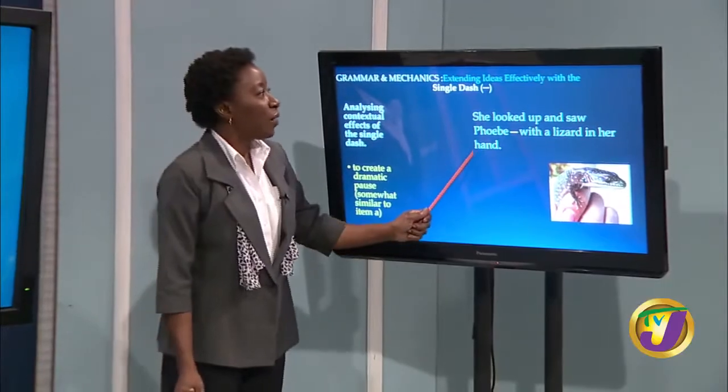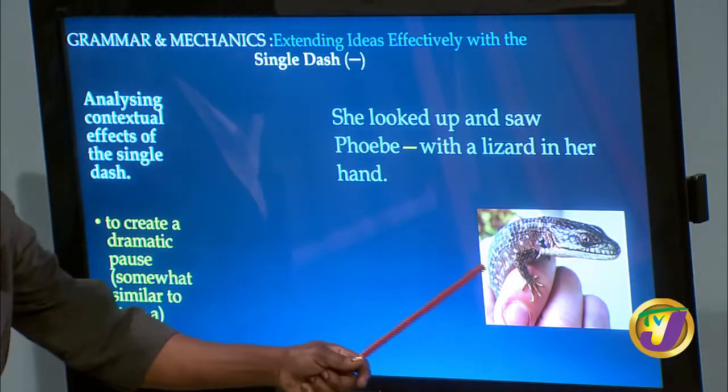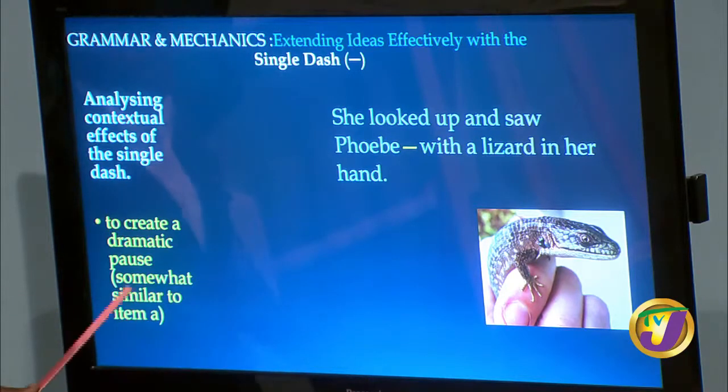Now, because of the idea, so many persons don't like this idea. So you want to really say that you don't expect that she would have it in her hand. That's what's so dramatic about the situation.